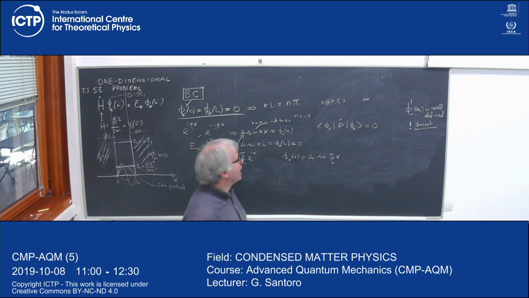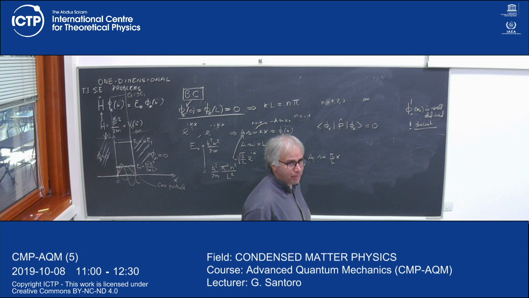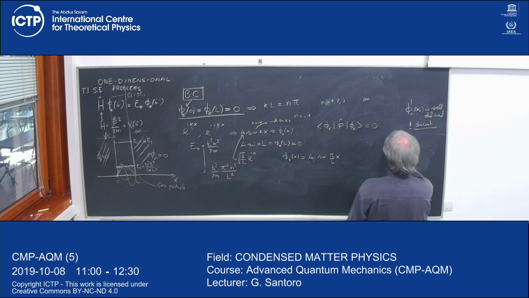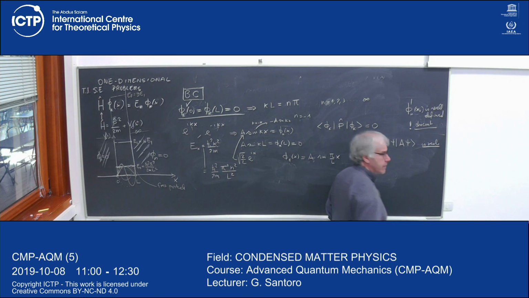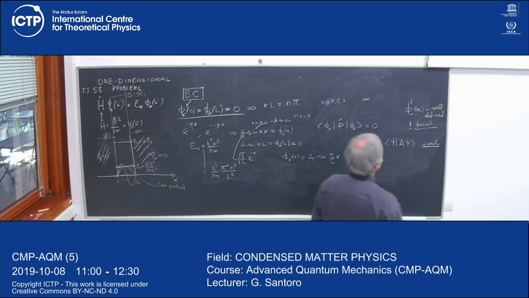Let's see why. First of all, it's the average value of a Hermitian operator. Now, I can prove in general that if I have a state and a Hermitian operator, then this object is real. Is it clear? Why? Let's calculate the star.